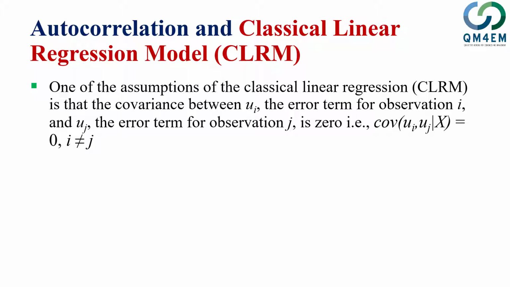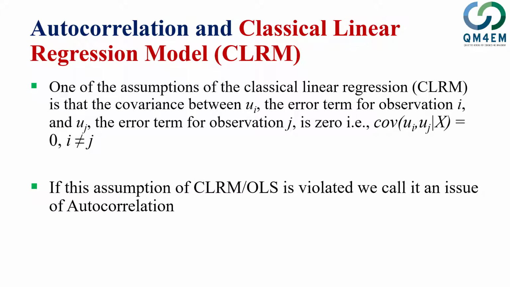More formally, the covariance between two successive error terms ui and uj, given x values, when i and j are not equal to each other, should be equal to 0 to meet the assumption of OLS. If this covariance is not equal to 0, we have a problem which we call autocorrelation.